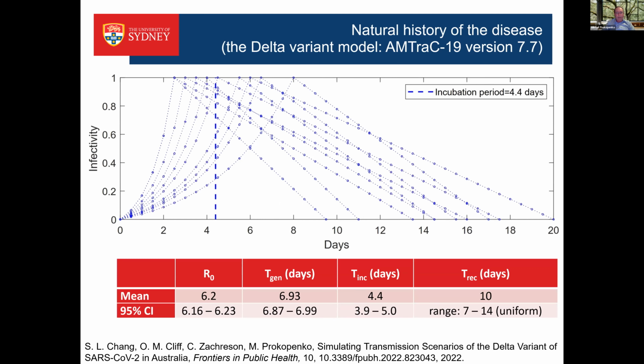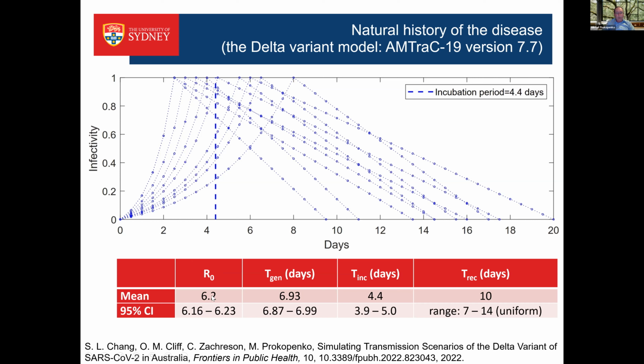Another example of complexities that we deal with is that these profiles that I showed you, triangular profiles, are actually different in every given agent. They are only distributed around the same mean. But this is, again, a power of agent-based modeling. So for the Delta variant, we calibrated it again, because the previous one was alpha, and before that was the ancestral strain.